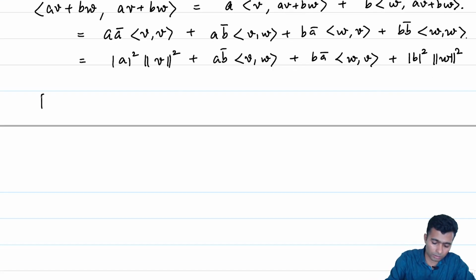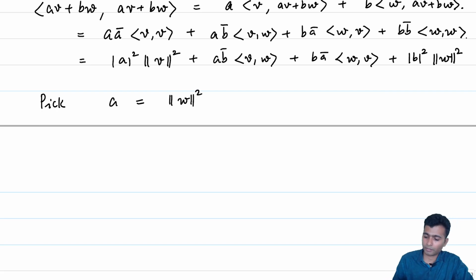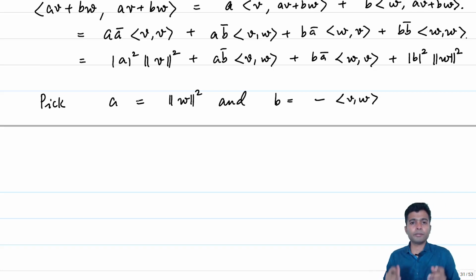So pick A to be equal to mod W square, and B to be equal to minus of V comma W. So pick A and B to be these two scalars.